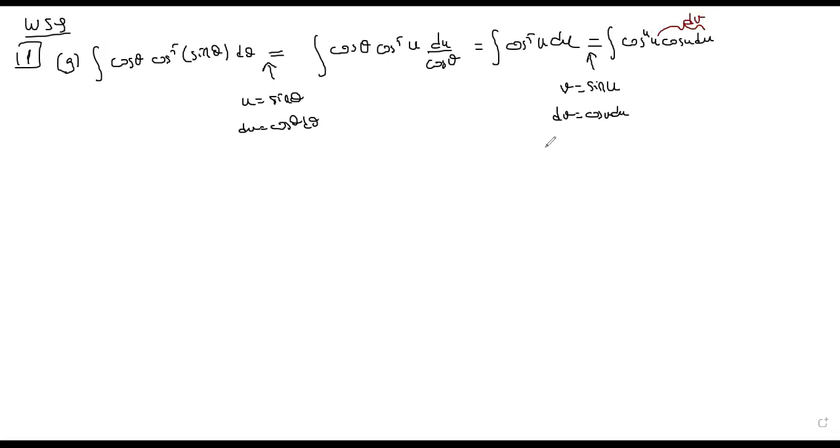What about this? We know 1 is equal to sine squared u plus cosine squared u for any real number. So instead of cosine squared, we can write 1 minus sine squared u, right? And sine u is equal to v, so 1 minus v squared is equal to cosine squared.